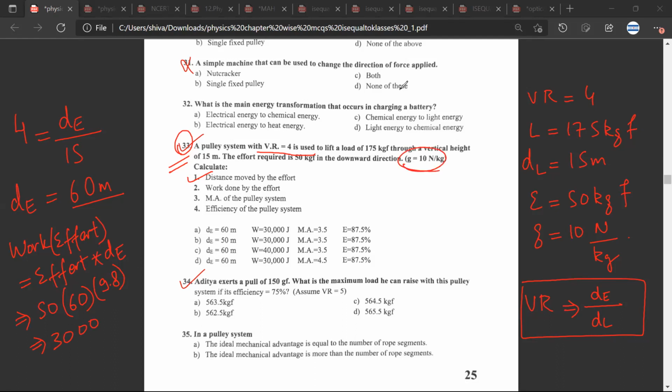So it would be 500 into 60. So 6 5s are 30, and I have 1, 2, 3 zeros. Is it correct? Yes, sir. So this is 30,000 joule. Correct? Yes, sir. Okay. What next?